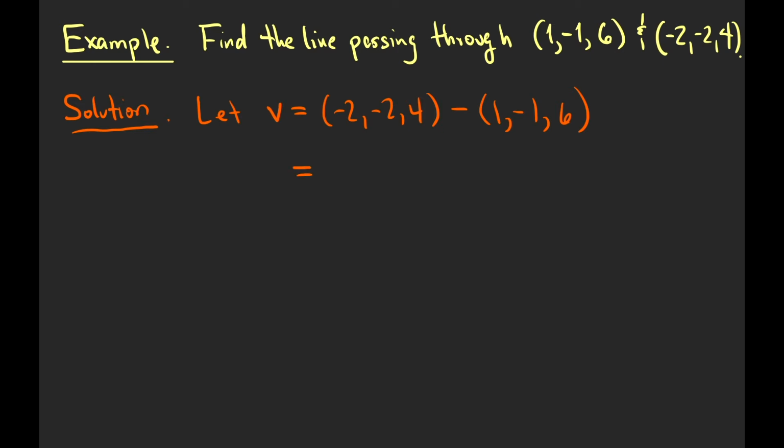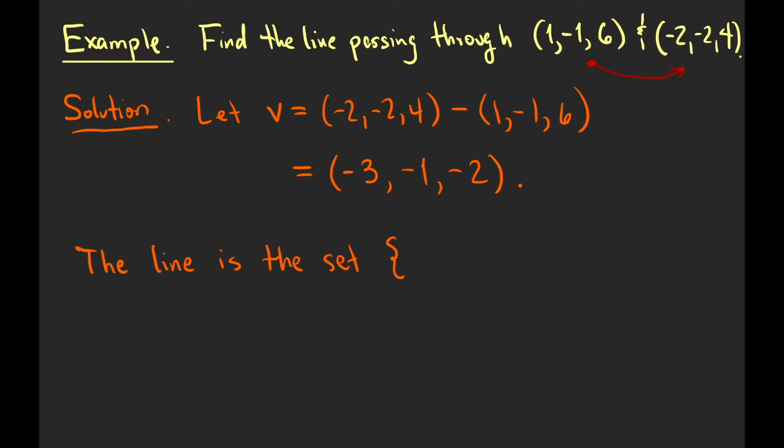So what is v in this case? Minus 3, minus 1, minus 2. So that's the direction v. And so then the line is the set... Since I chose the vector that went from the first point to the second point, I have to make the line be anchored at the first point.